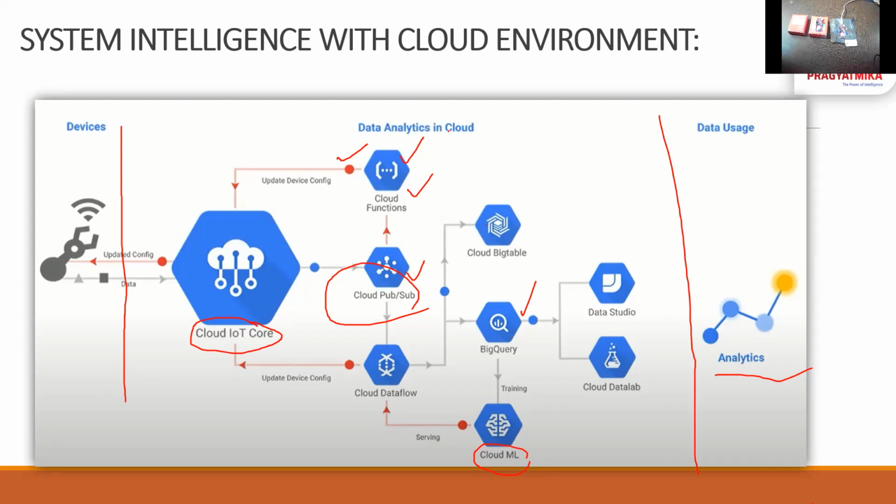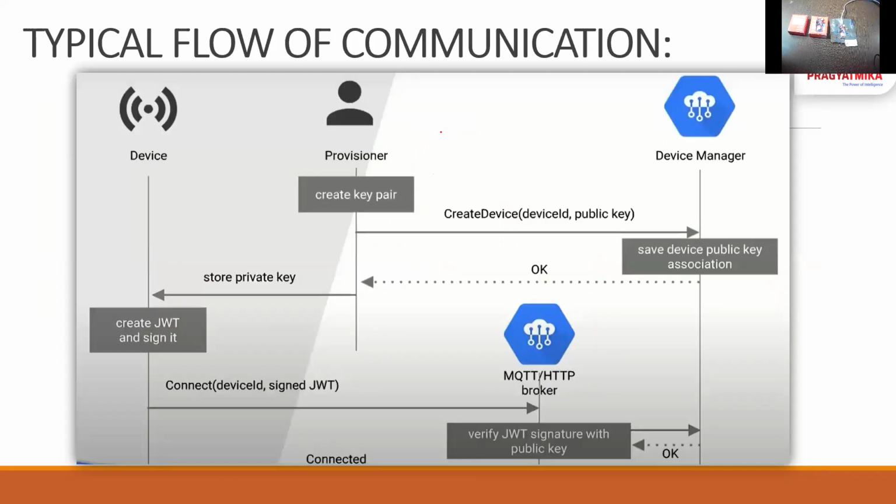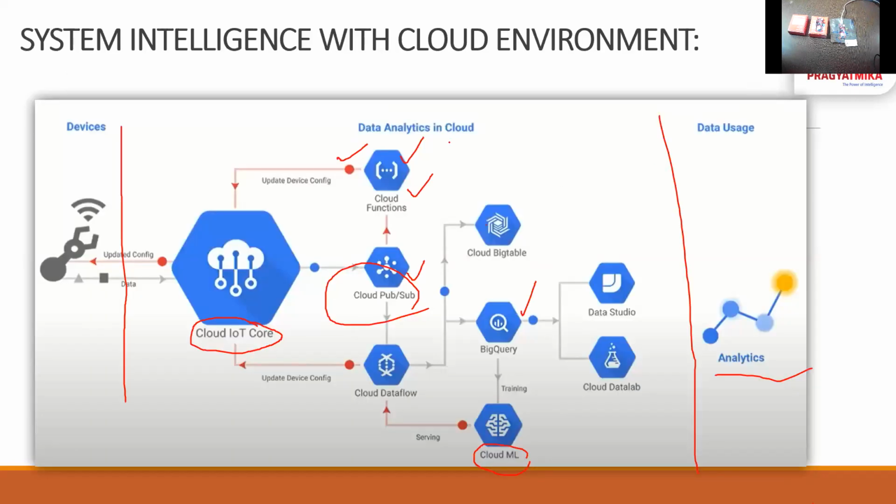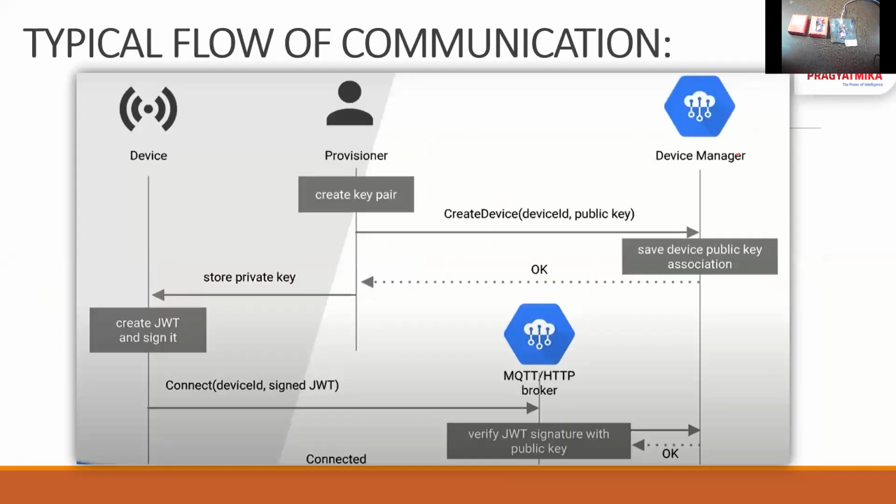And once we are talking, we also have to see how this communication flows into our cloud environment. As I have said, we have the devices and the cloud environment, and the output of this comes through your analytics. So related to the communication, it is the device and the device manager inside your cloud. Those are the main actors.